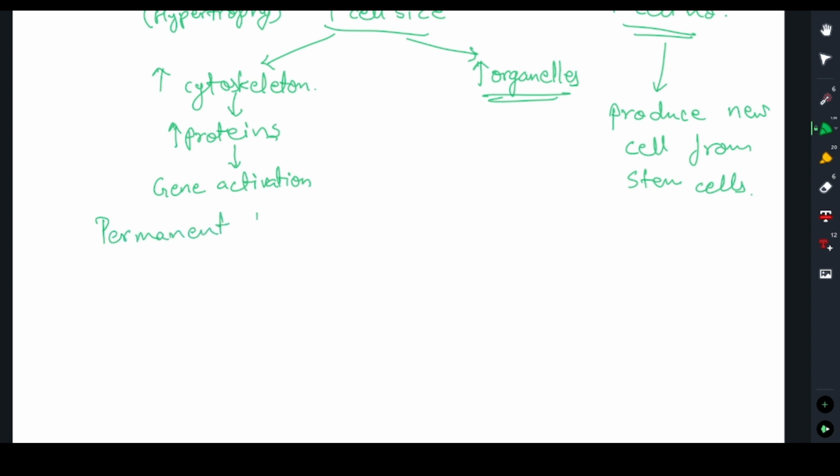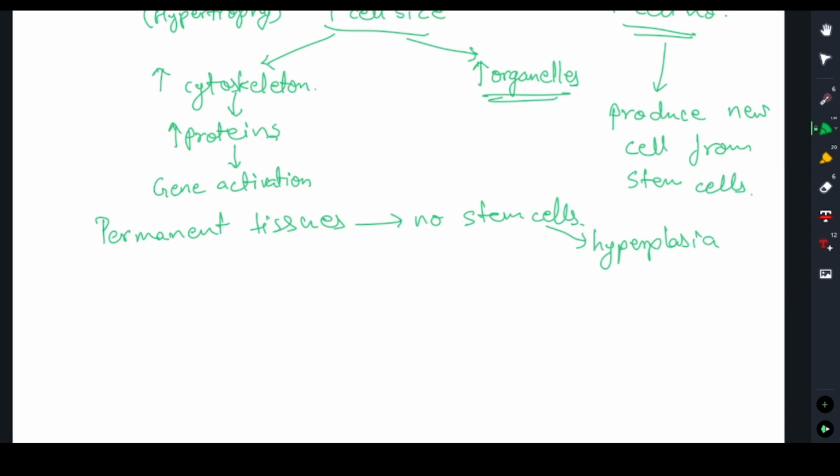In the case of permanent tissues, we don't have stem cells, and the cells of the tissue don't have the capability to divide. Hence, hyperplasia is not possible in them. So hyperplasia is not possible in the case of permanent tissues.